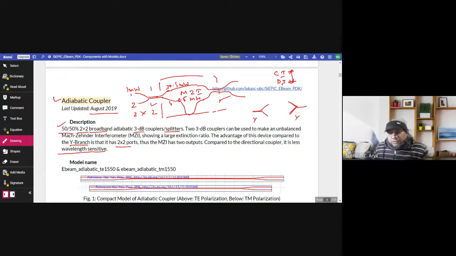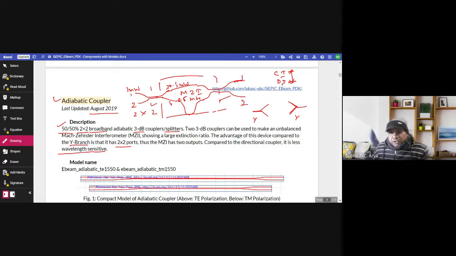Y branch is also doing the same job that an adiabatic coupler is doing, but it has 3 ports. However, this is a 4 port device, and it has two outputs. Suppose you can see here, this is output 1, this is output 2.